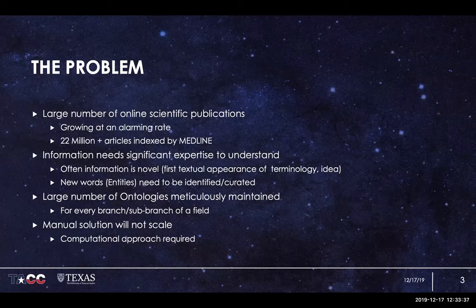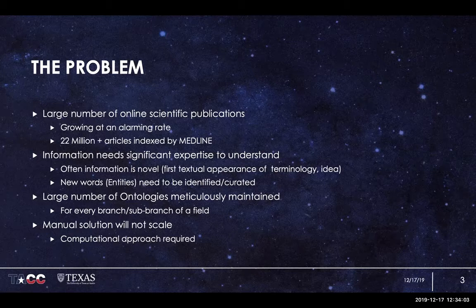In the pure sciences, plant biology and so forth, there's a large number of ontologies very meticulously maintained by hand for every subfield, every sub-branch of a field. And there's someone sitting there maintaining it; it's their full-time job to do so.